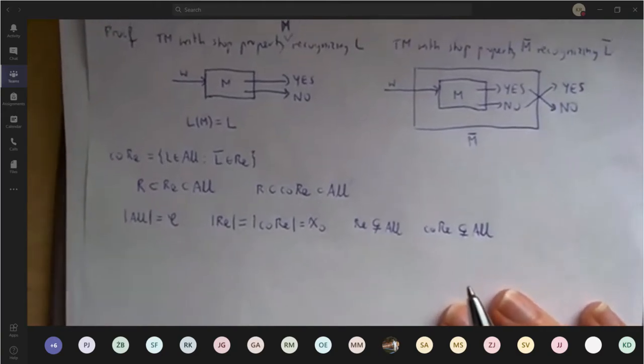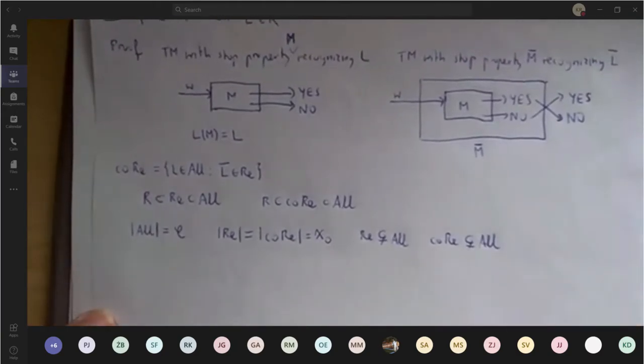Okay, so we have proven that the class of recursive languages is closed under the operation of complement. So we have done something that we wanted to do on the tutorials, but there are more of such tasks to show.